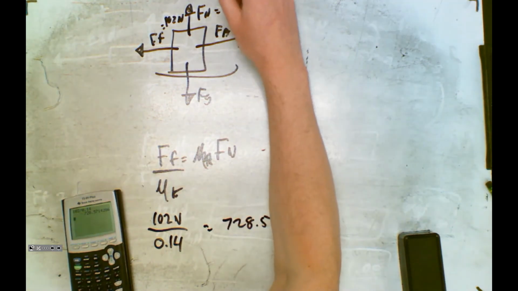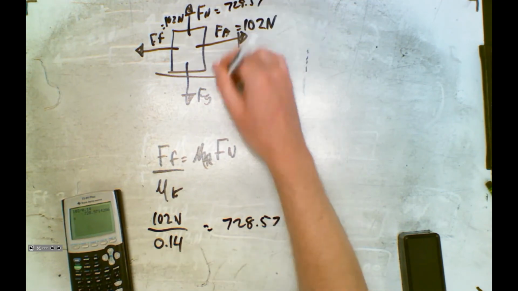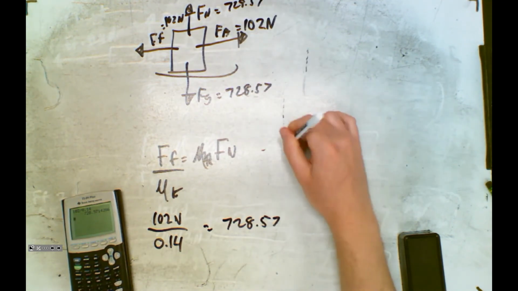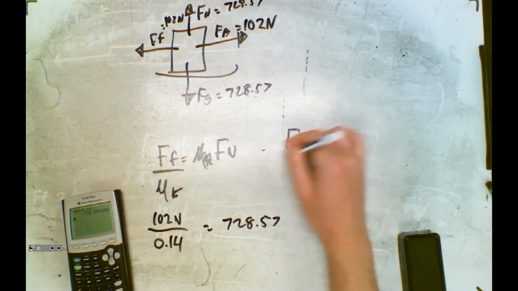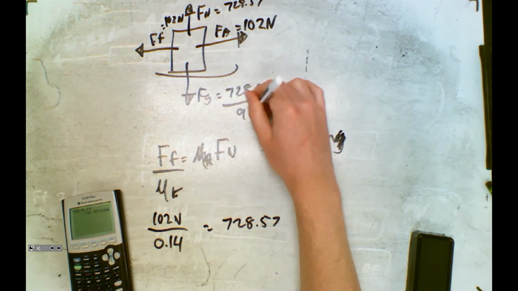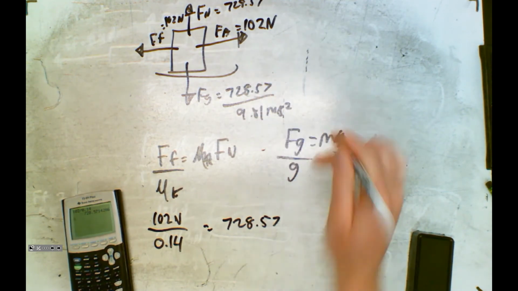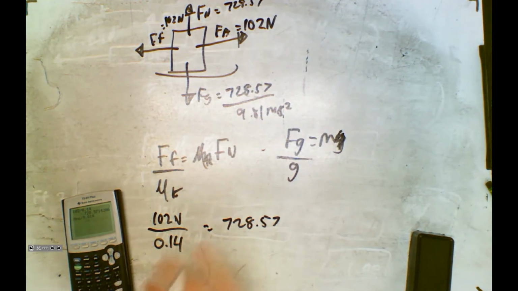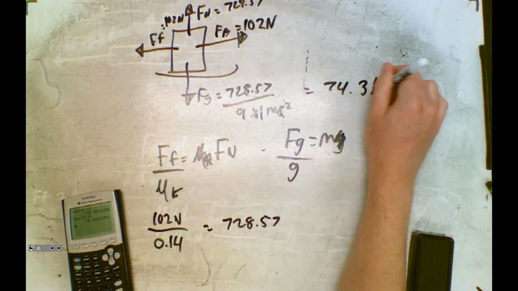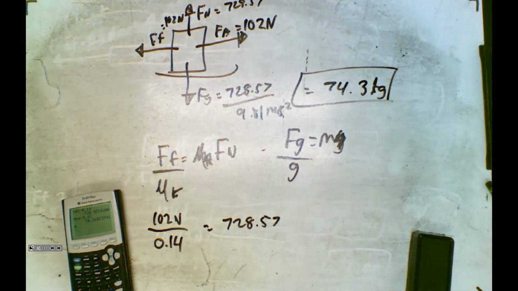So this is 728.57, and this is 728.57. So we also know that Fg equals mg, and if we divide our force of gravity by g, so divide this by 9.81, we can find our mass. So if we divide it by 9.81, we end up getting 74.3 kilograms, and that's what our mass would be, which is D as the correct answer.